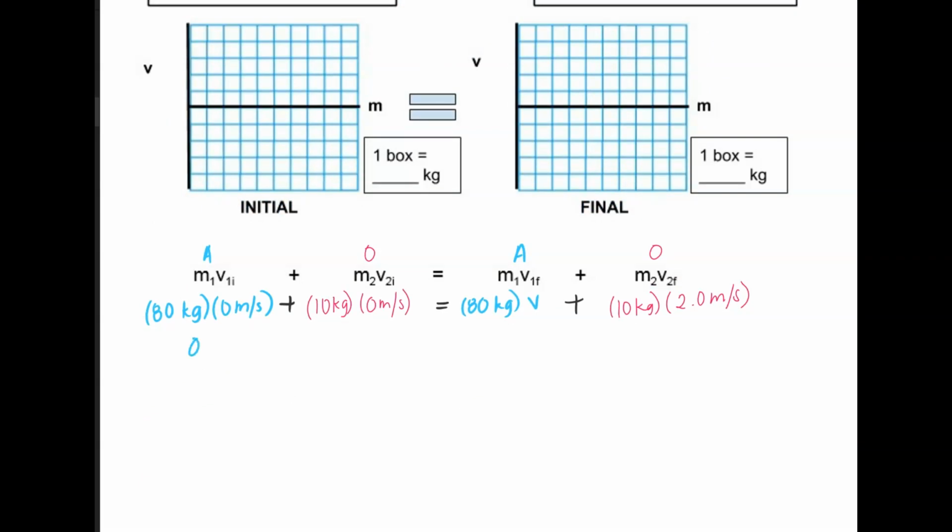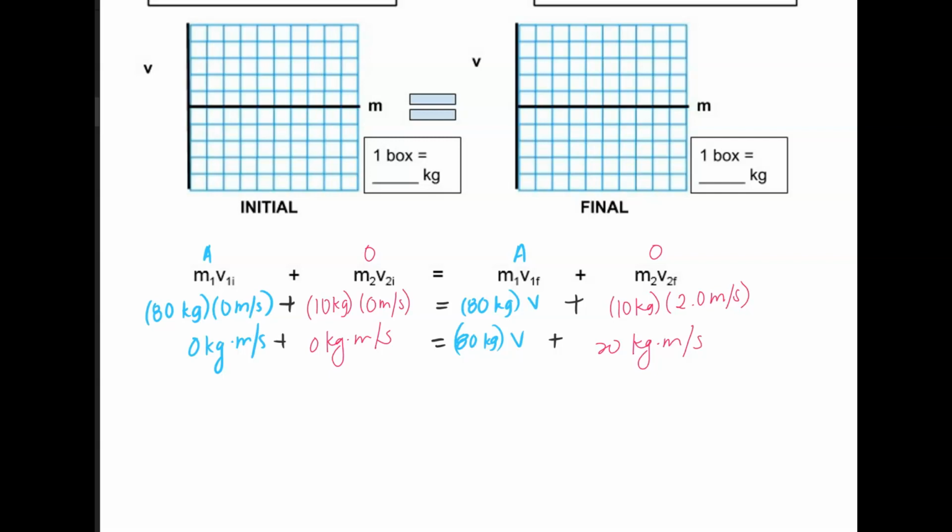All right, so then we'll just do algebra. 80 times 0 is going to be 0. And here 10 times 0 is going to be 0, so it's going to be 0 here as well. And it's going to be equal to 80 kilograms, I like to keep the units on, times velocity plus 10 kilograms times 2, which is 20 kilograms times meters per second.